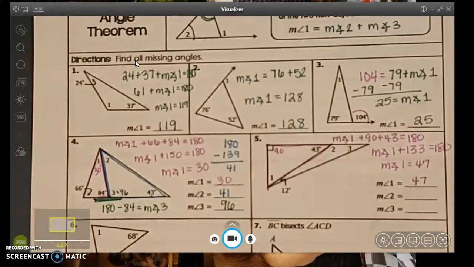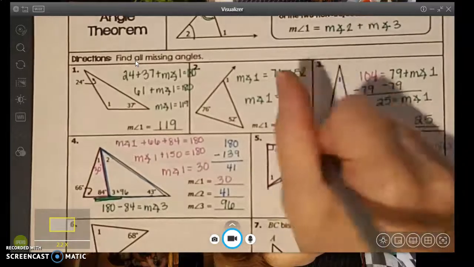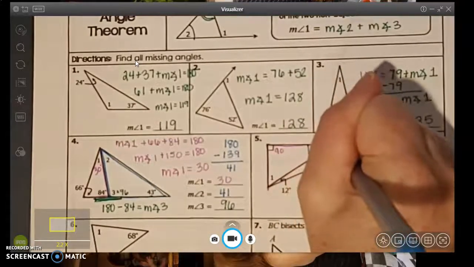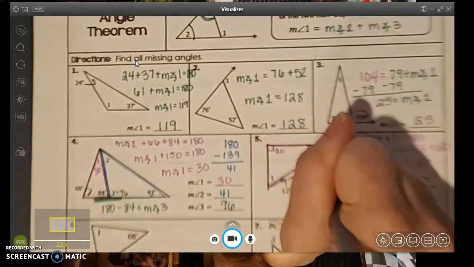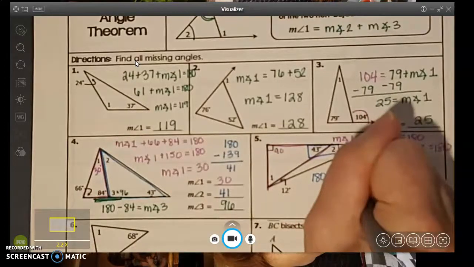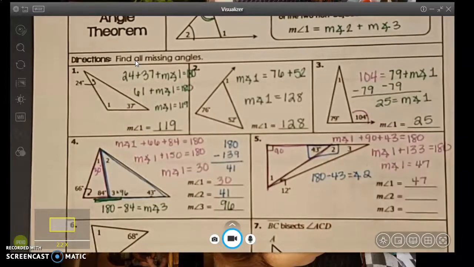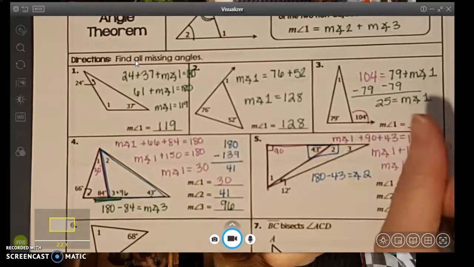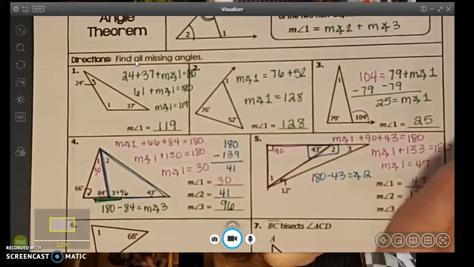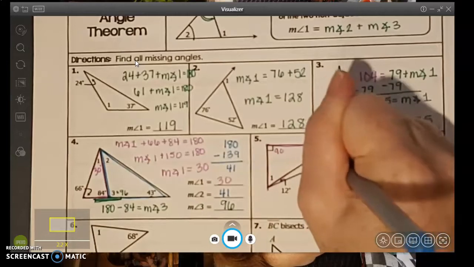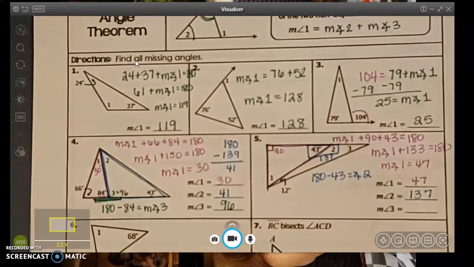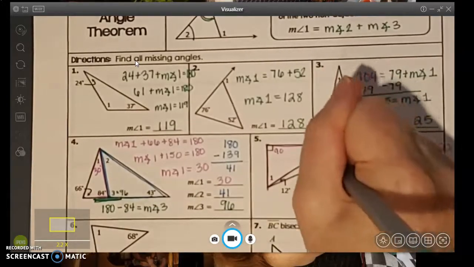To find the measure of angle 2, notice that 43 and angle 2 form a linear pair. So to find angle 2, I'm going to do 180 minus 43, and that will equal the measure of angle 2. So the measure of angle 2 is 137. Now that I know this is 137, I can find the measure of angle 3. To find the measure of angle 3, I'm going to take this triangle.